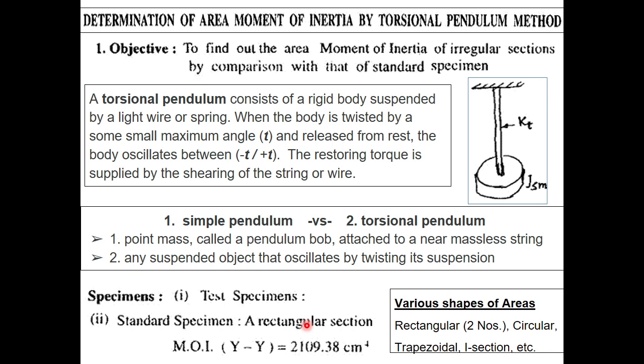They are proportional, right? So the mass moment of inertia and area moment of inertia are proportional.